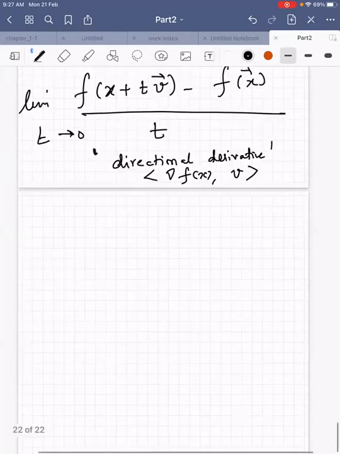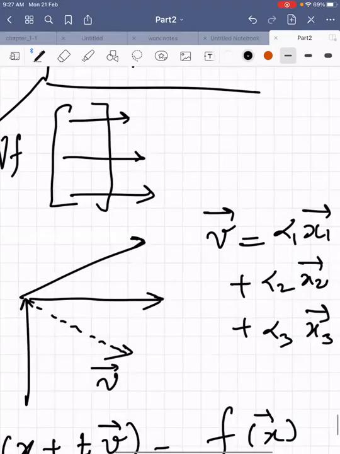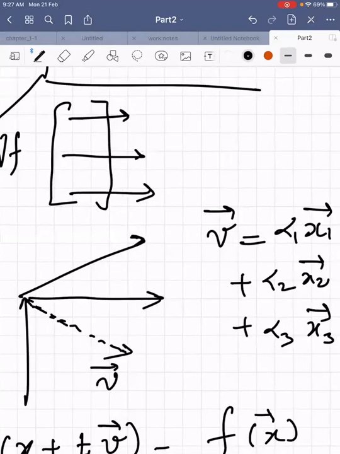So basically what is happening is that we want to find the rate of change of function in this direction. What we are saying is, why don't you find the rate of change in this direction, this direction, this direction, and just project that. Because the gradient is a vector, and the direction in which we want to find the rate of change is also a vector. Just take the inner product.